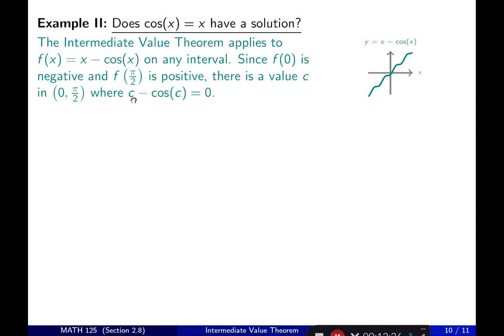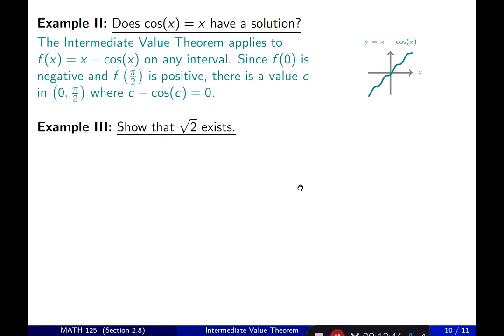What is f of c? It's c minus cosine c equal to 0. So c is the root, the value that makes the two functions equal, and so it's the solution to cosine of x equal to x, and it's between 0 and pi half.